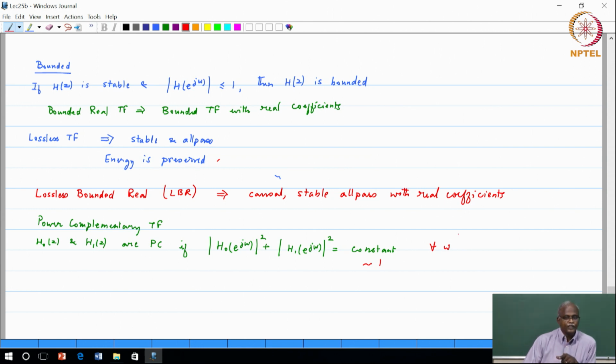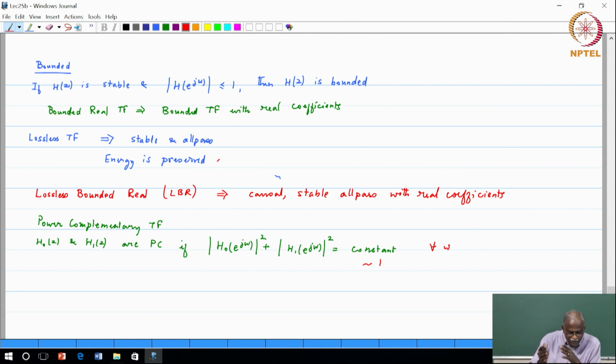Now we have seen this condition in the two channel case when I had linear phase. If I could construct those pair of polynomials to be power complementary, then I would not have to do this magnitude constraint. In fact I would get perfect reconstruction, because I have already eliminated aliasing, eliminated phase, and now they would be power complementary.